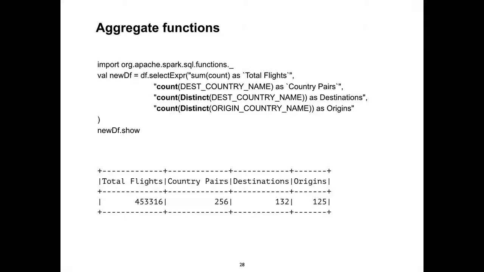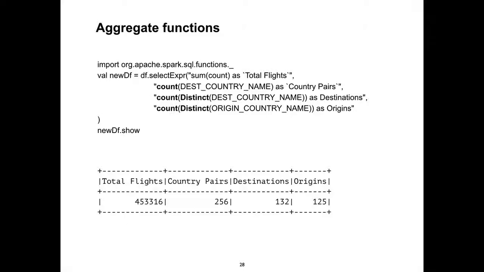What they call aggregate functions, trying to compute some summaries of the data. So count is one. The first column, I'm taking a sum of count. So it's just basically taking all those numbers in that column and adding them up and producing a single value.